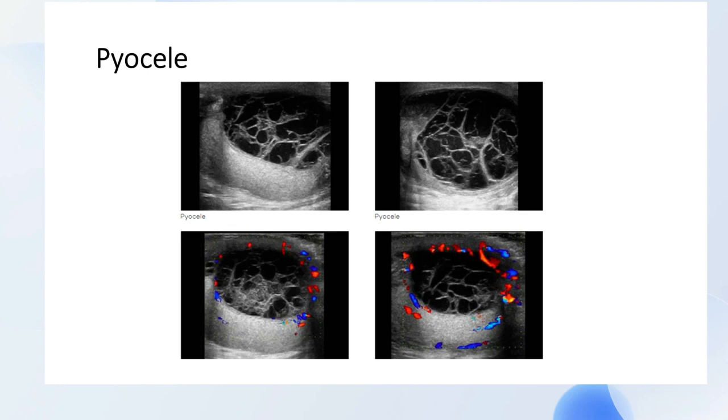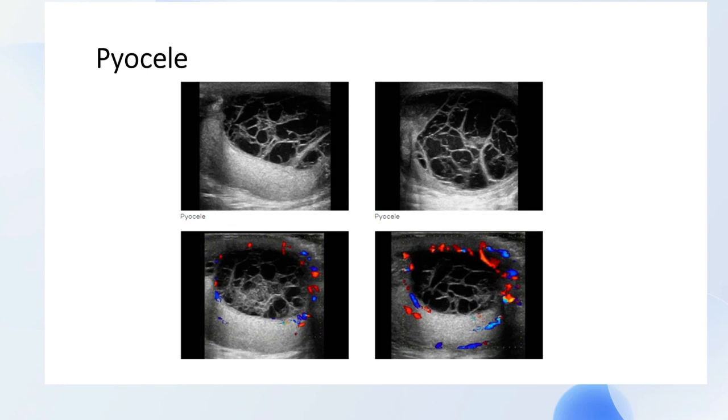But a hematocele is due to bleeding. Bleeding, when it's acute, can also cause hyperperfusion during the first stages, but in most instances there might not be any perfusion around the rim or the capsule of the hematocele itself.